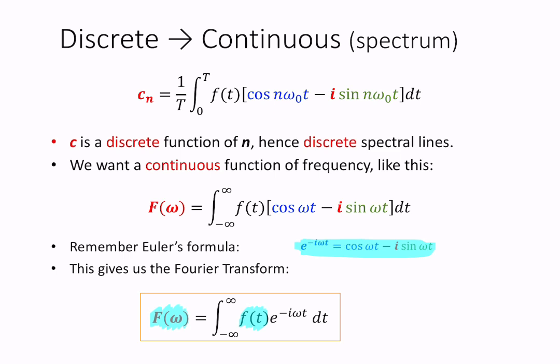So now I've been able to convert f of t into something else, f of omega, by integrating not over one period, because this is no longer a periodic waveform. This is non-periodic, so we integrate over all time, f of t times e to the minus i omega t. e to the minus i omega t is simply cosine minus i sine. So this is the expression for the Fourier transform.